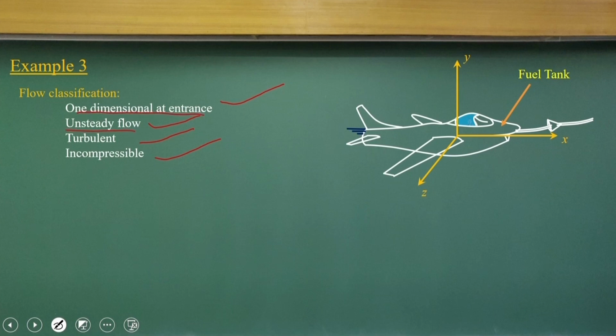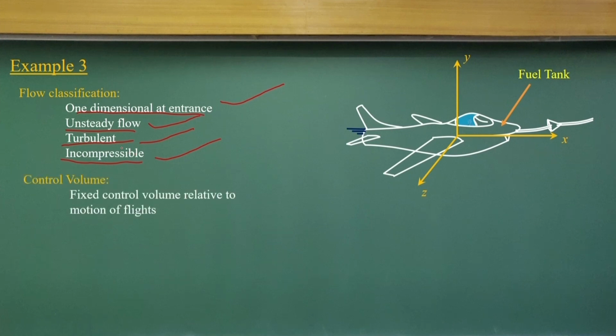One dimensional, we are not considering the velocity distributions, and the unsteady, turbulent and incompressible flow is the classification. Here it is a movable control volume, but since the two flights are moving with respect to the refueling aircraft, we can consider it a fixed control volume, relative to the motion of the flights. That is the basic assumption of these types of problems: a fixed control volume relative to the motion of the flights.